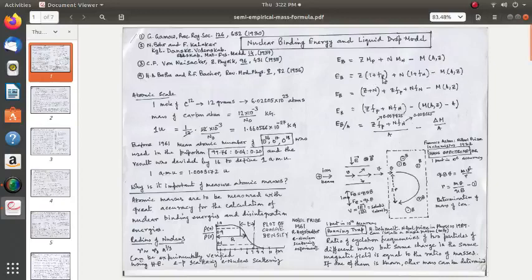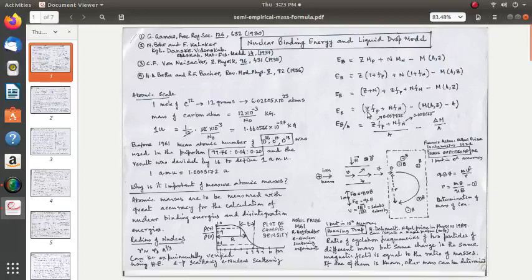So 1 plus fp, this sum is Mp because it is slightly different from 1. 1 plus fn, this sum is Mn because Mn also is slightly different from 1. Then it is easy to simplify this expression by taking Z from here, N from here, so Z plus N, and then Z fp plus N fn, minus M(A,Z).